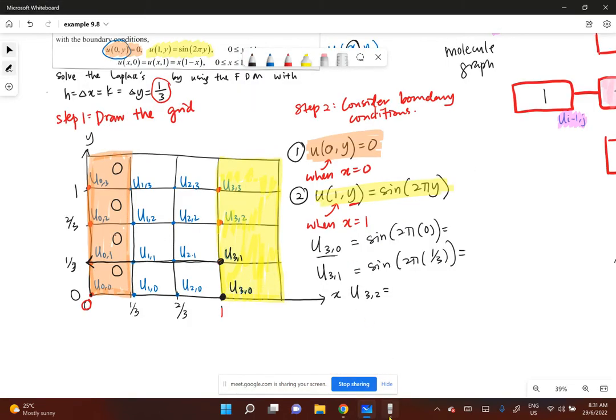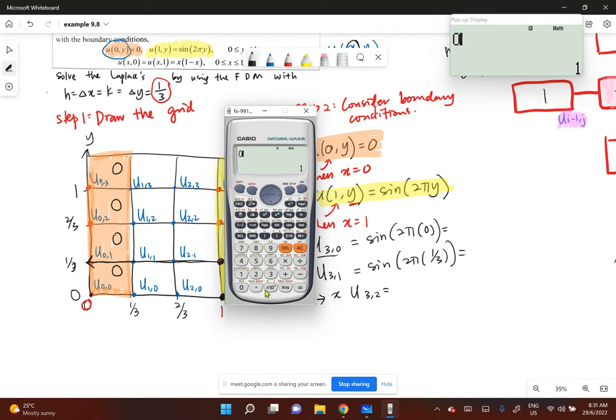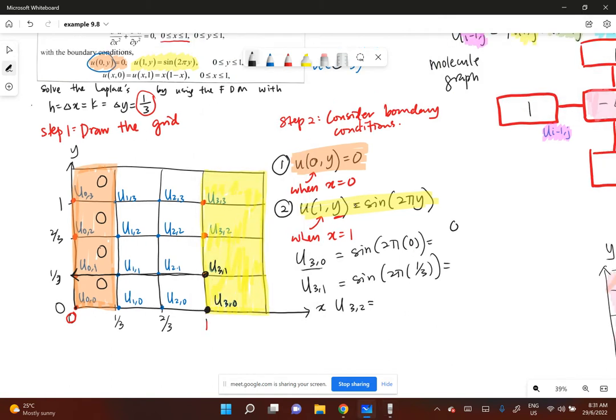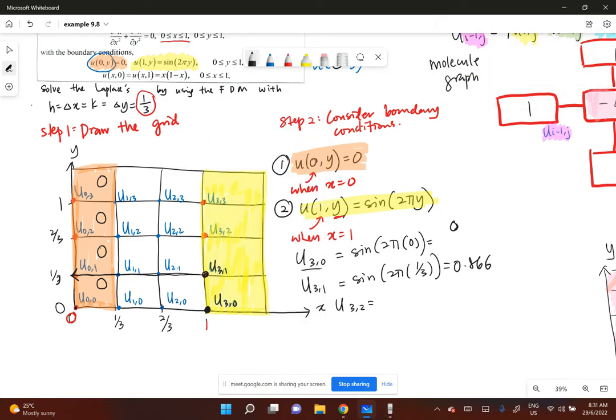Start with the value of y being 0, so you get 0 here. Then the value of y is 1 over 3. Calculate again, and you get 0.866. Then sine 2 pi times 2 over 3.